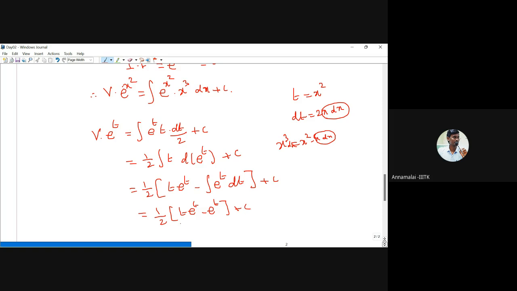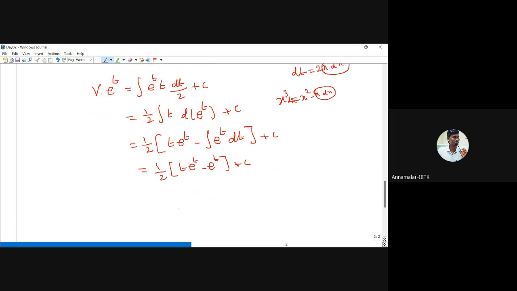You can take e power t outside. So we get v into e power t equal to this. If you multiply both sides by e power minus t, we get 1 by 2 times t minus 1 plus c into e power minus t. Because if you take e power t outside, it cancels. Now this is a solution.